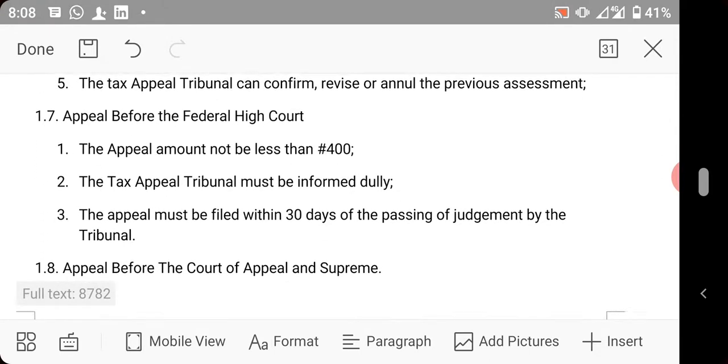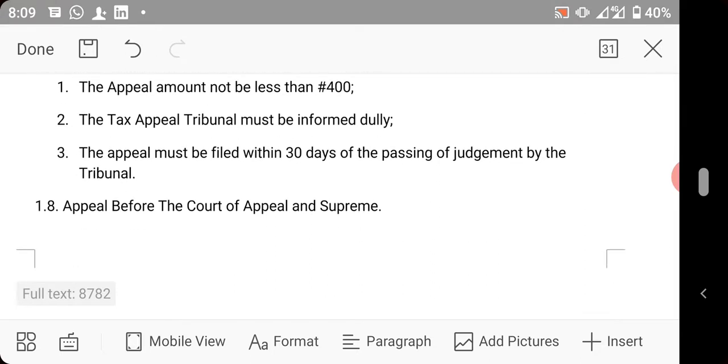The tax appeal tribunal has the power to confirm, amend, reverse, or annul the previous assessments given by the FIRS. And upon doing this, the taxpayer shall now present whatever the tax appeal commissioners have decided to the FIRS, pay the same amount into the designated account, and also file its tax return with the designated tax office.